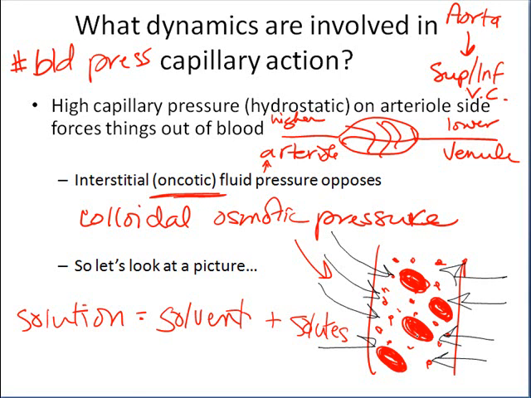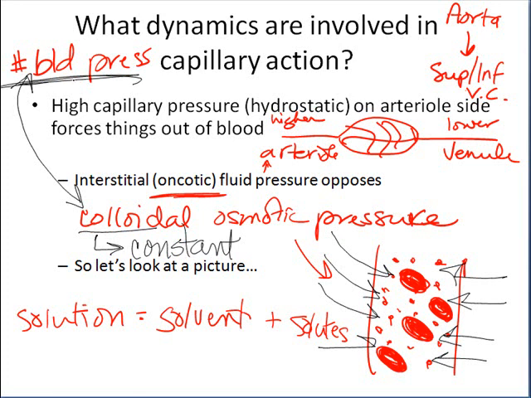Okay, so the dynamics of capillary exchange that I'm going to take you through on the next slide is principally going to be the result of kind of a tug of war between the blood pressure and the colloidal osmotic pressure. Okay, so keep that in mind, blood pressure and colloidal osmotic pressure. And one other thing I should tell you before we go to the next slide, relatively speaking, colloidal osmotic pressure remains constant. Pretty much always more or less the same.